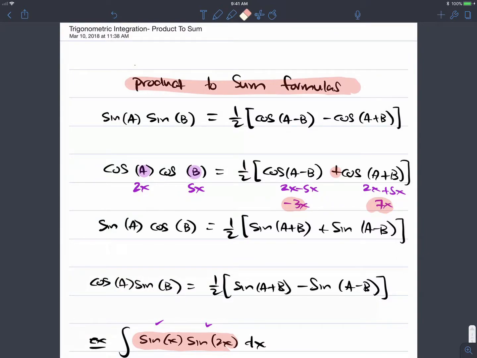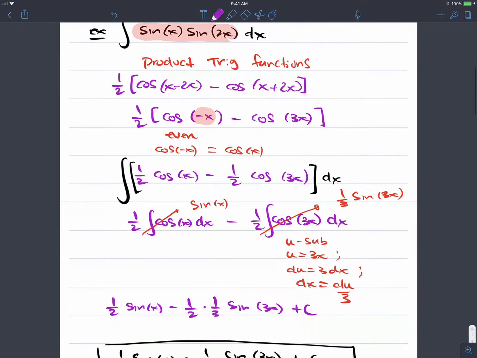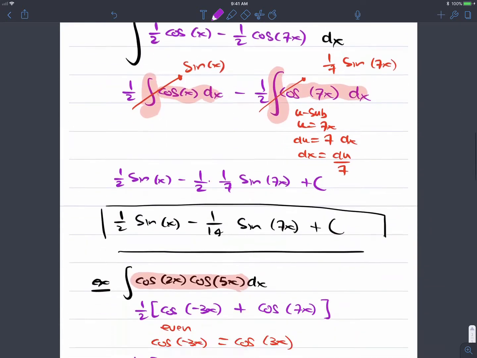So this is how this will change. We have a 4x here. We have an x. 4x minus x, 4x plus x. This becomes 3x. This becomes 5x. So this will be 1/2 cosine 3x plus cosine 5x.